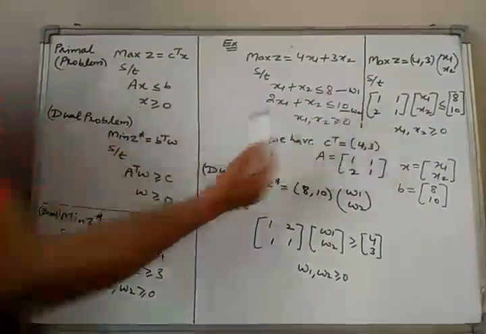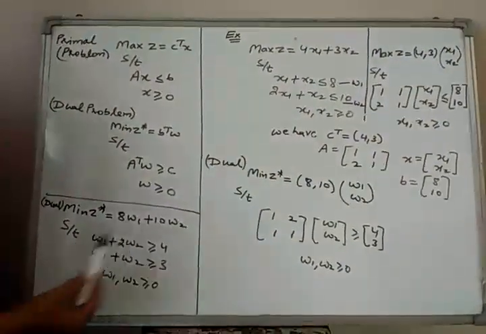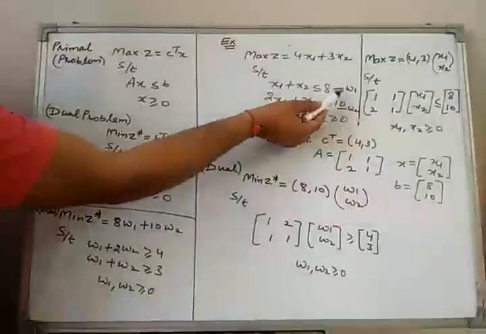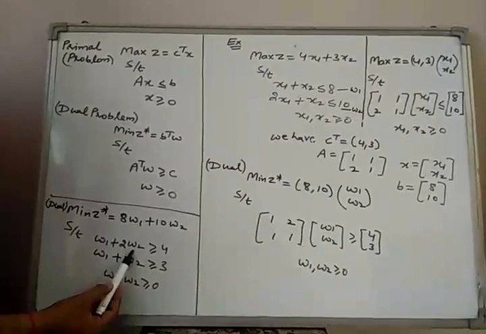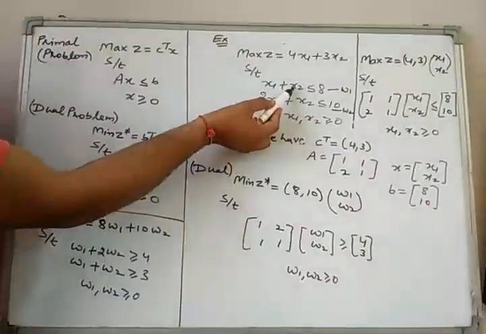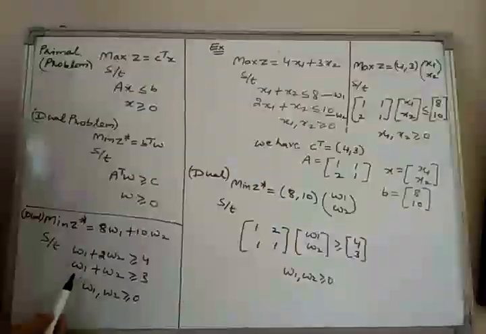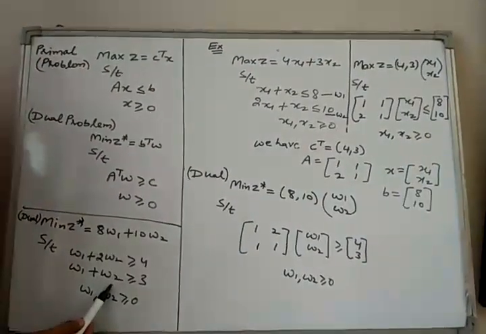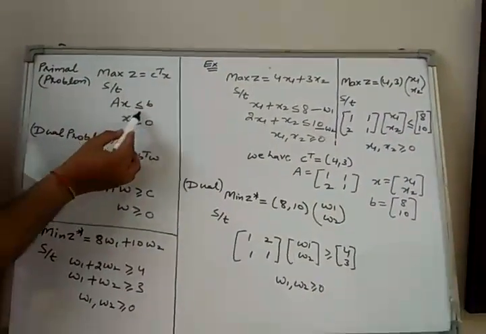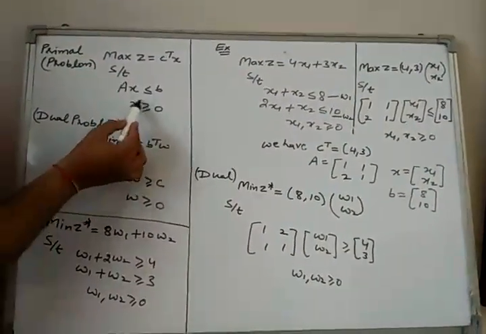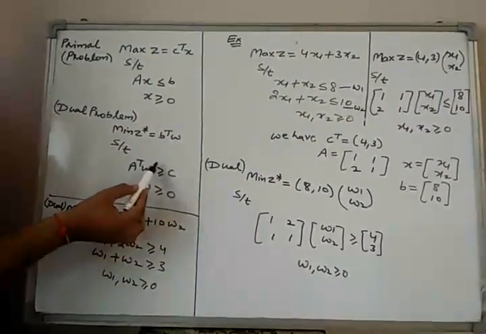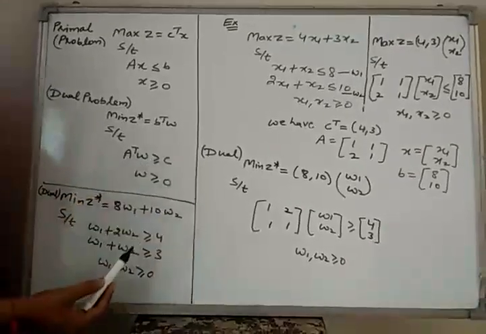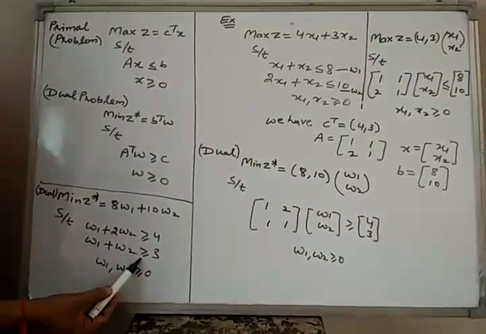Subject to the constraints w1 plus 2w2, then w1 plus w2. As the variables are greater than or equal to 0, the inequalities in the dual problem are greater than or equal to. Therefore, greater than or equal, greater than or equal.